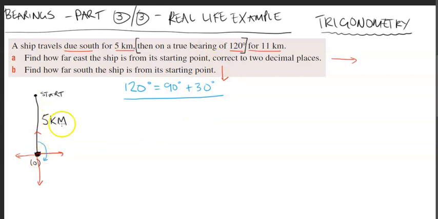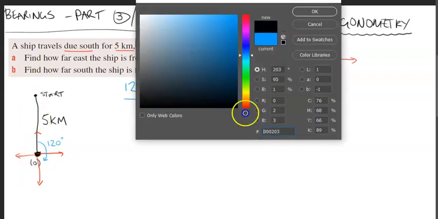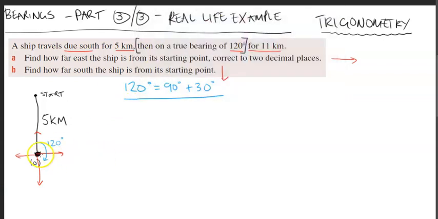So here's our true bearing of 120 degrees that has been created from this new spot here after 5 kilometers. The line will be here, like that, and how long is this line? 11 kilometers. So this will keep going over here, and that is 11 kilometers.